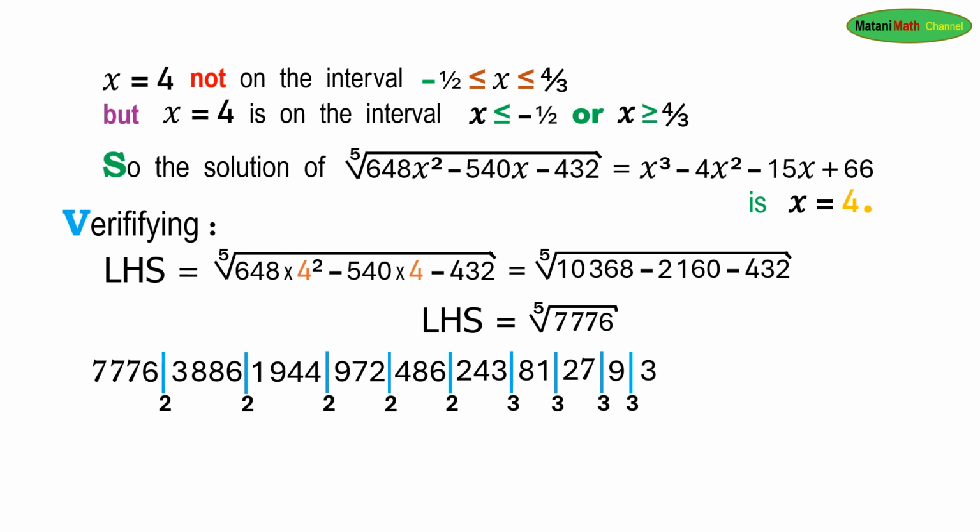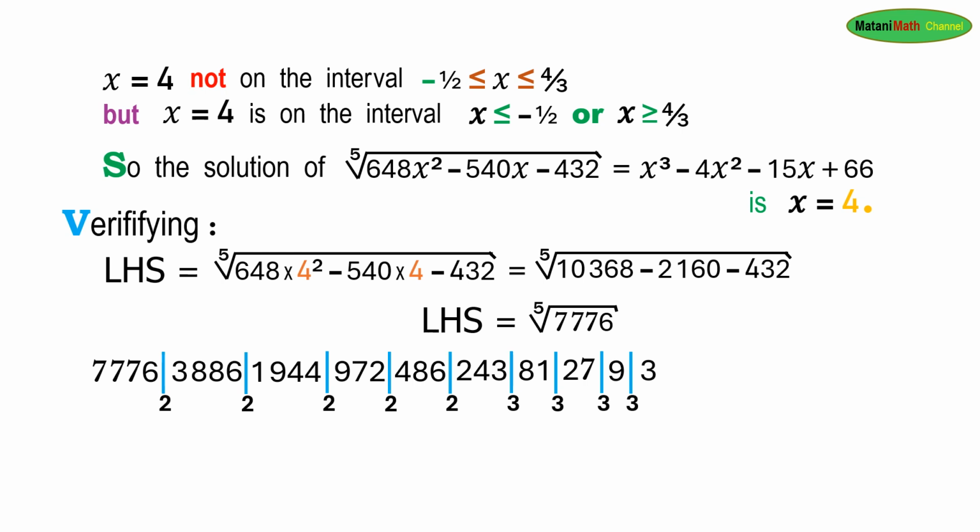So we have to divide it by the prime numbers: if not divisible by 2, try to divide by 3. If not divisible by 3, try to divide it by 5, and so on.